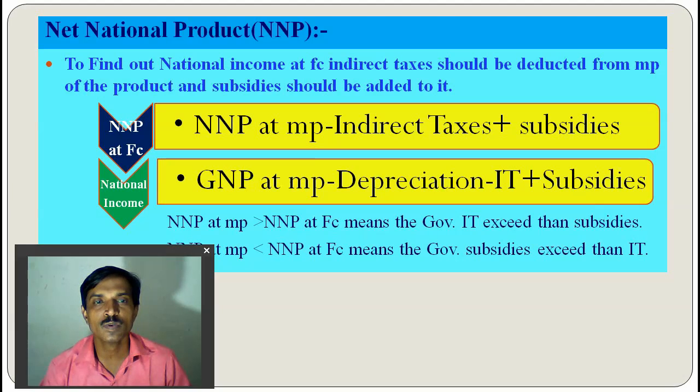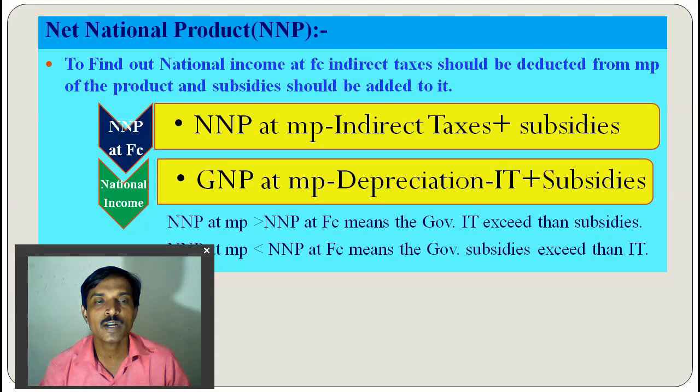So from net national product at market price, we deduct the indirect taxes and add the subsidies. So national income means GNP at market price minus depreciation minus indirect taxes plus subsidies.